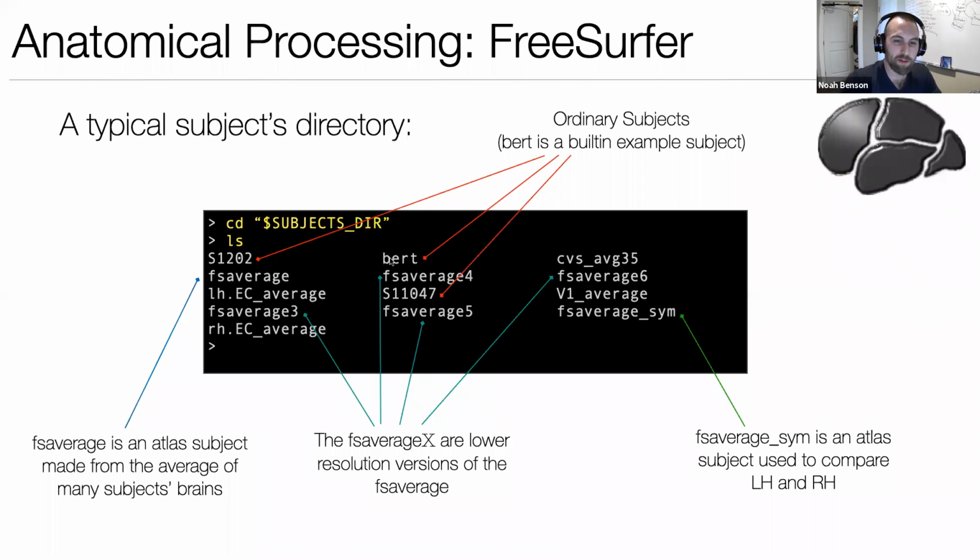These directories called, for example, bert and S1202, are just regular subjects that I've scanned. Bert actually is a built-in subject that's an example subject for FreeSurfer, but S1202 is a subject that I scanned. The other subjects, for example, V1_average and CVS_avg35, are built-in FreeSurfer data that I'm not going to talk about in this talk, but it's pretty normal to see them.